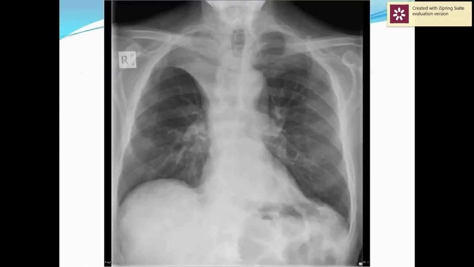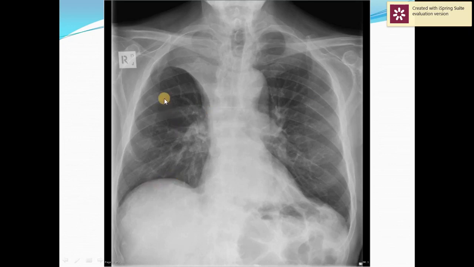This is right upper lobe collapse. As we see, there is asymmetry between both sides. The right side is smaller in size than the left, and there is crowding of the ribs, a decrease in the distance between the ribs in comparison to the left.